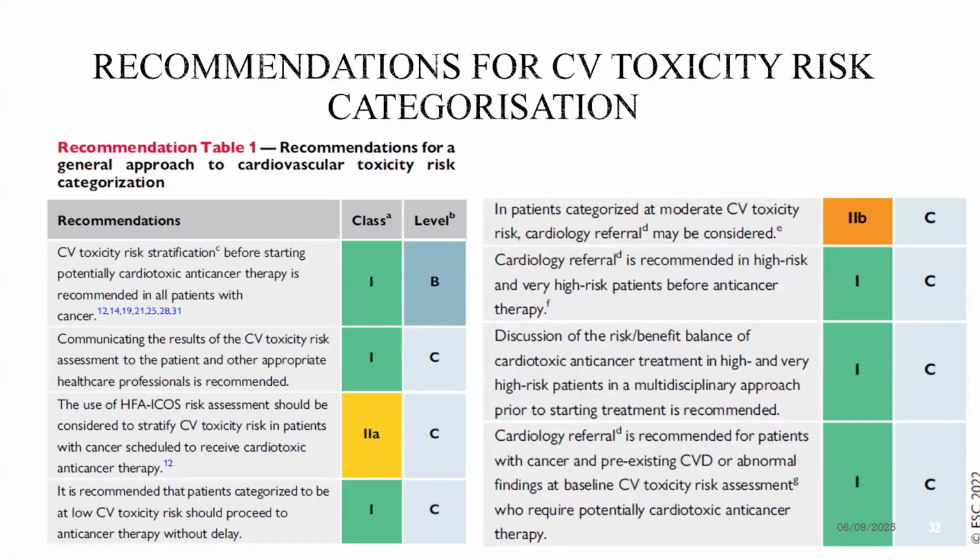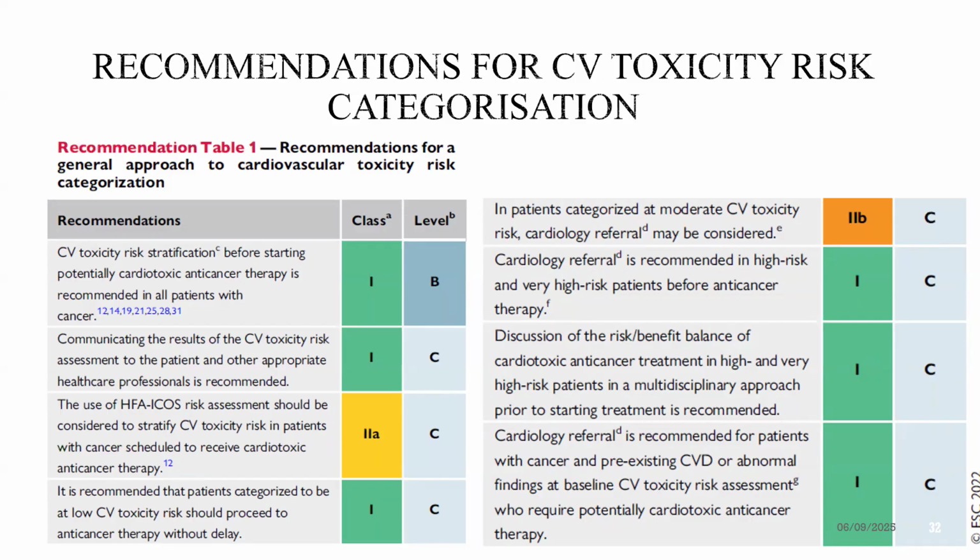So this shows the various recommendations. Actually, I've mentioned most of these already. So the first one, cardiovascular toxicity risk stratification before starting potentially cardiotoxic anti-cancer therapy is recommended in all patients with cancer. This has a class 1 indication. And communicating the results of the cardiovascular toxicity risk assessment to the patients and other appropriate healthcare professionals is also recommended with a class 1 recommendation.